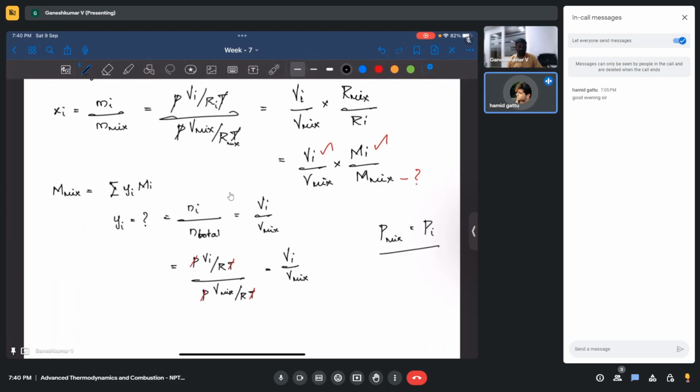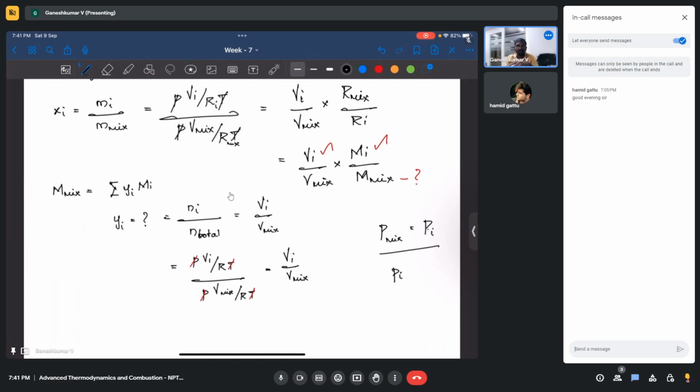Sir, is this because of the setup we are having, this open flow system? It is not because of that. I think there is something called partial pressure, right? That is different from this. Here the whole mixture is going to experience the same pressure. The partial pressure is what each constituent contributes to the total pressure.